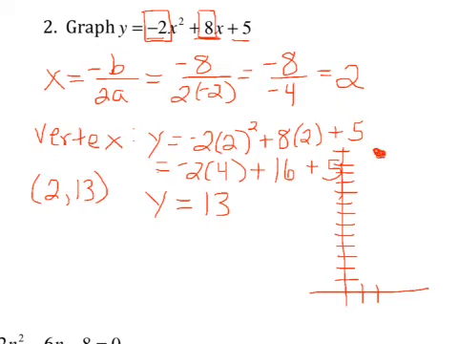And then what I'm going to do is draw my axis of symmetry through my vertex, so I remember that that is the middle of my graph. The last thing I have to find is my y-intercept. Your y-intercept is always the number that's in the back of the function, your c term. So I'm going to put a point at 0, 5.